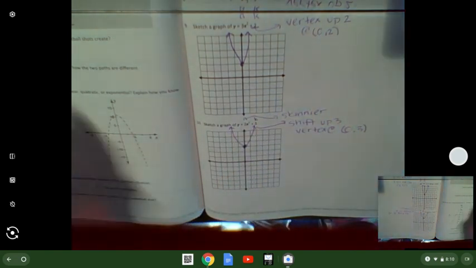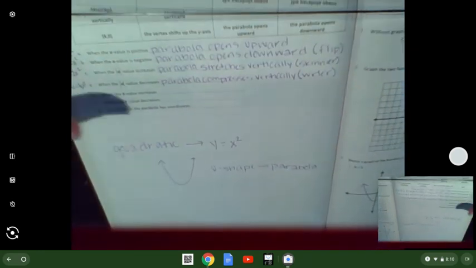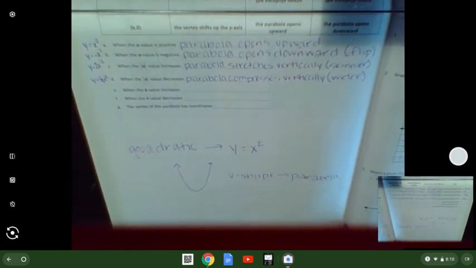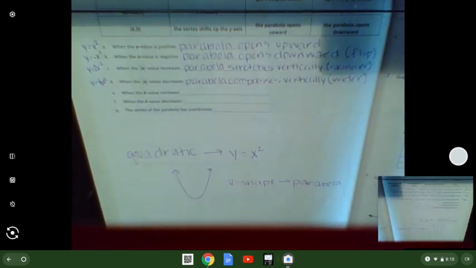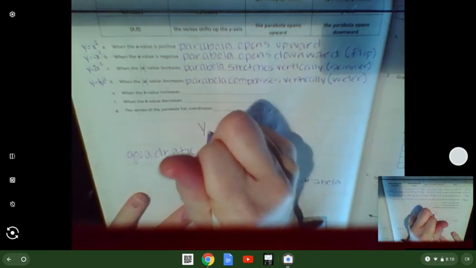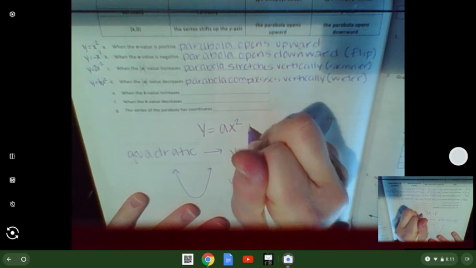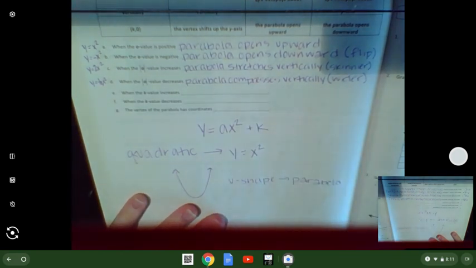Okay, and shifting over one more page, 266, and again, if you're in Agile Mind, you can go back to page 17 in those slides. Let's finish this up. We've reviewed the A's, but now what happens if we have a K at the end? What if we put a number after the x squared?